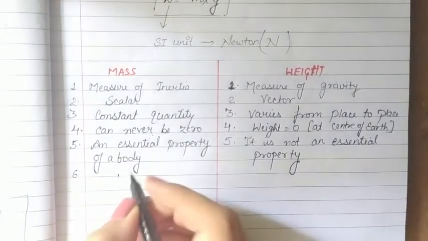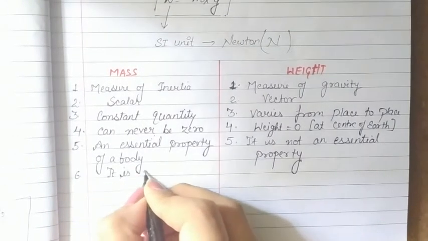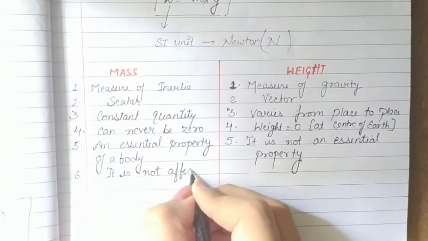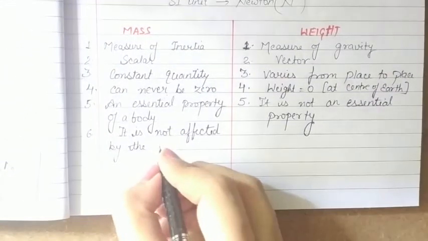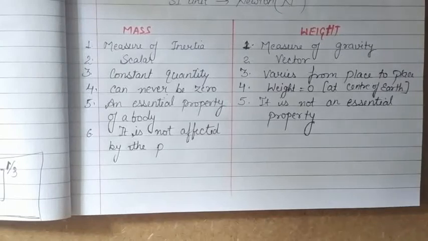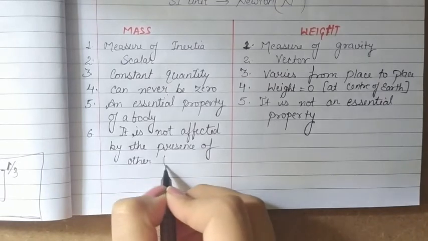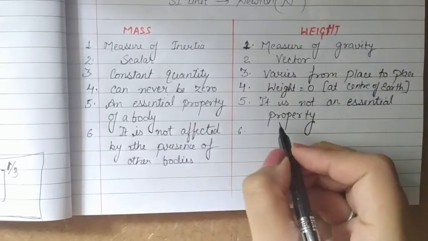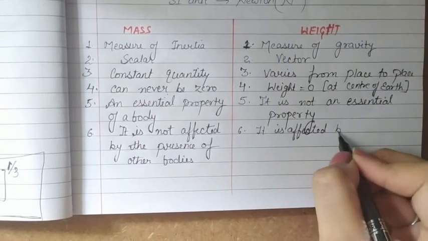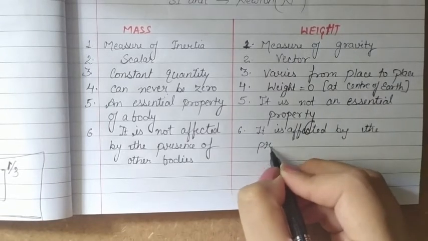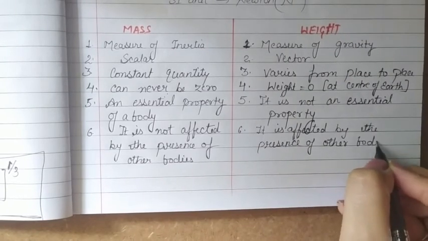So the mass of a body is not affected by the presence of other bodies, while weight of the body is affected by the presence of other bodies. So this is the sixth difference.